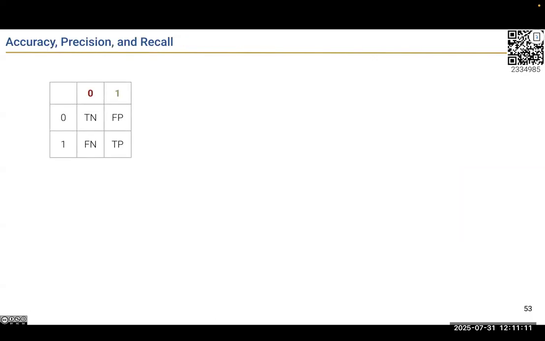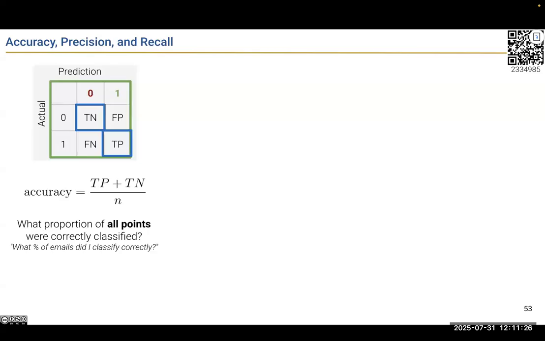All right. So we have a couple other metrics that we could talk about now that we have these 4 types of classification. And you will see that these metrics focus on different things. We'll start with a familiar one, accuracy.